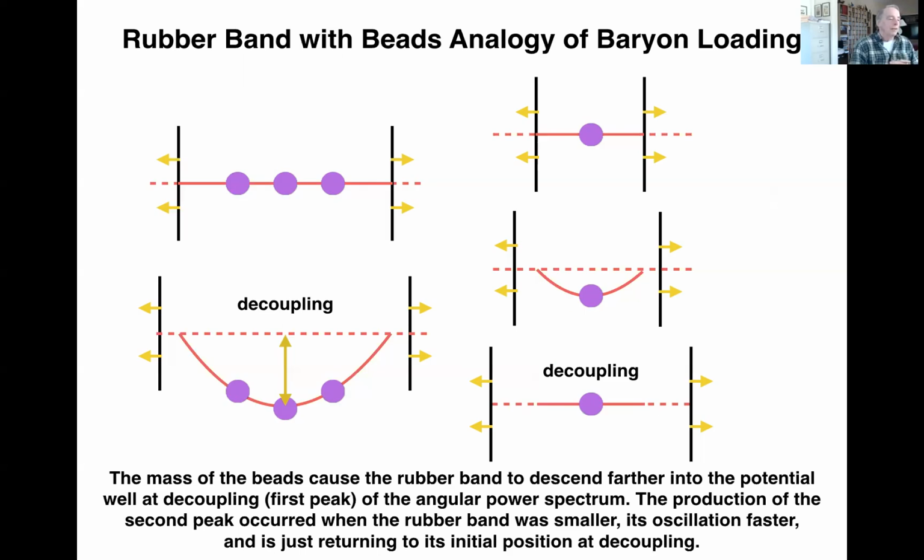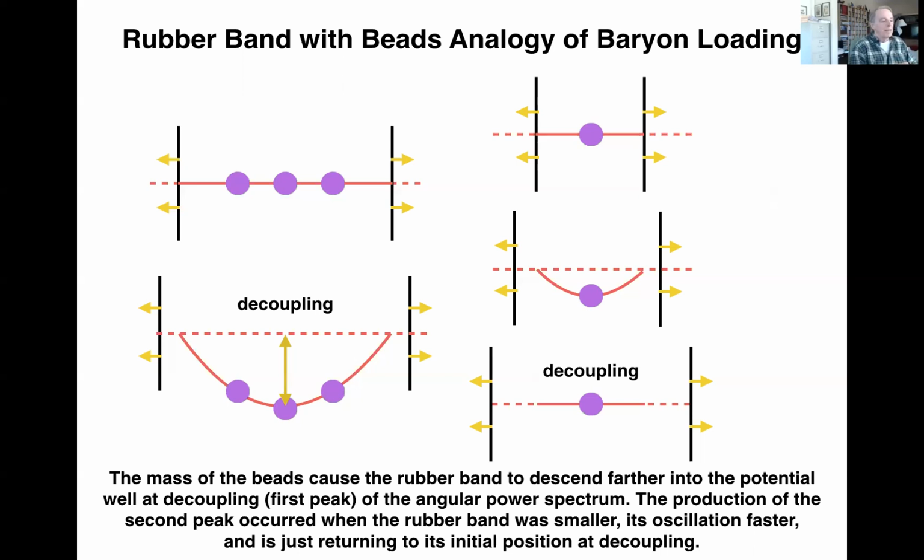And one that happened to be just the right scale would undergo a complete oscillation by the time decoupling occurred. And those would produce the second peak. And so the argument is somewhat like that.